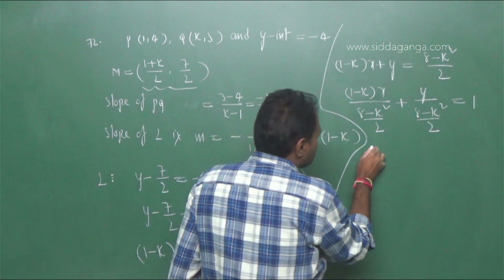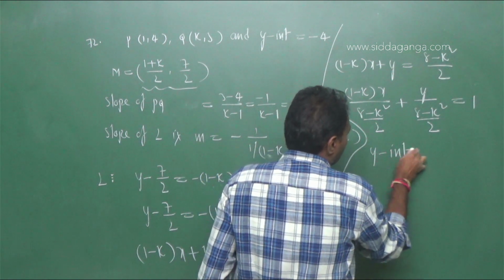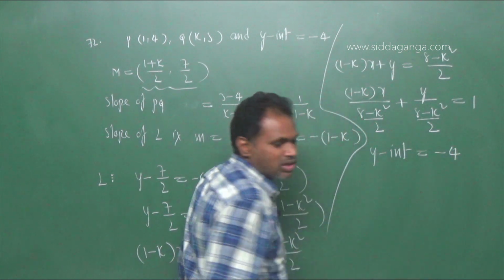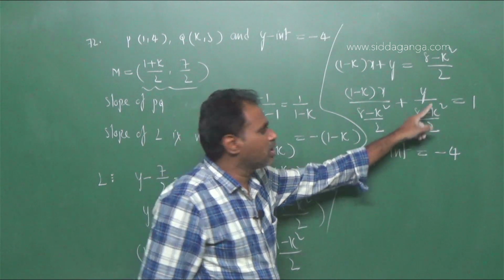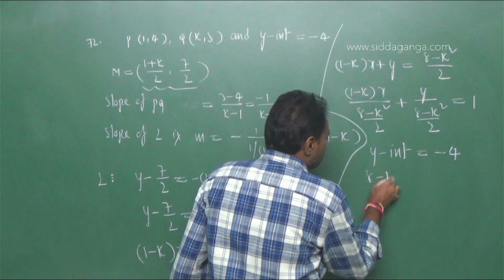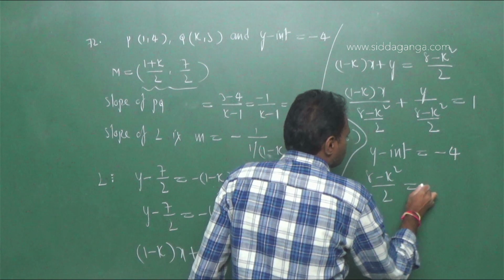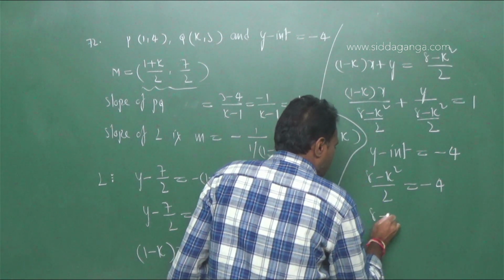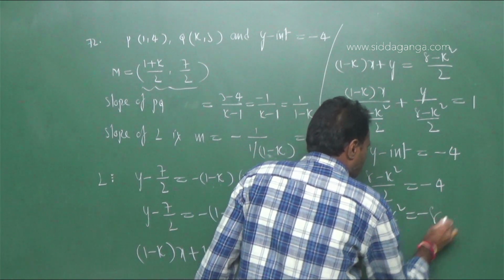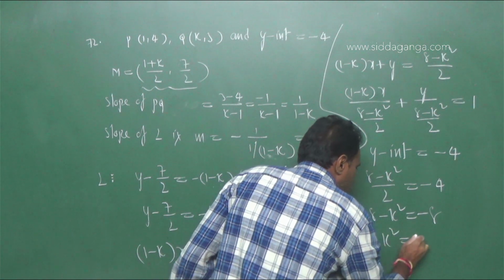Therefore, the y-intercept is equal to minus 4, given. Therefore, by using this equation, the y-intercept is (8 minus k square) by 2 equal to minus 4. Therefore, 8 minus k square equal to minus 8. Therefore, k square equal to 16.